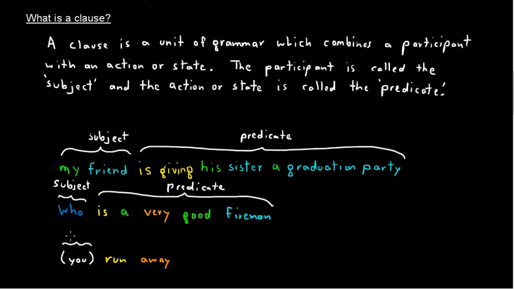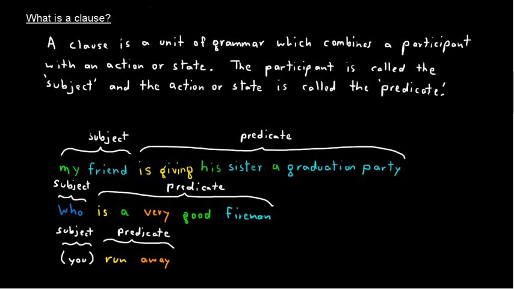And let's look at the last one. You is the participant or the subject. And we do have action here, and the action is run away. And this is the predicate. Okay.